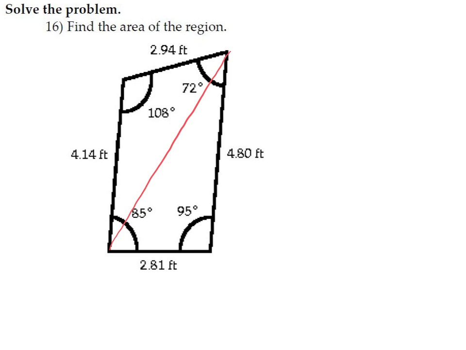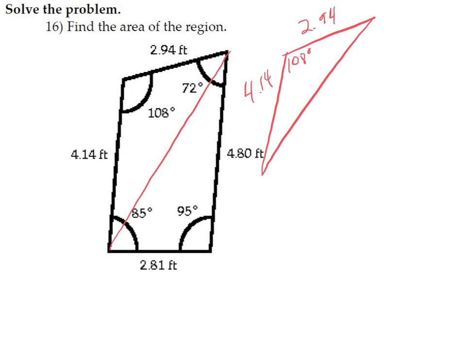Our first problem is this shape, where we have 2.94, 4.14, and the angle between 108 degrees. The area will be 1/2 one base. If we call this, well, it doesn't matter, 4.14 and 2.94, and sine of the angle in between.